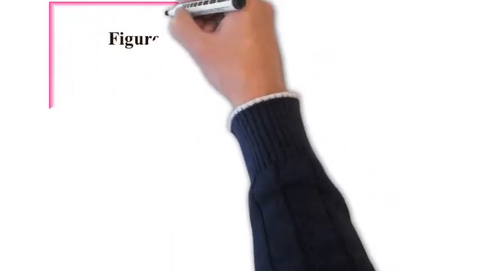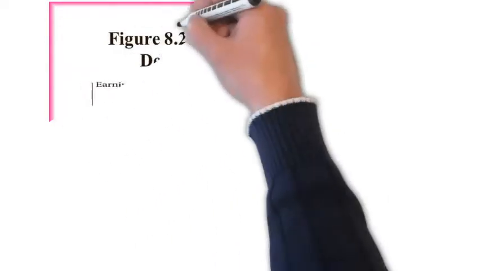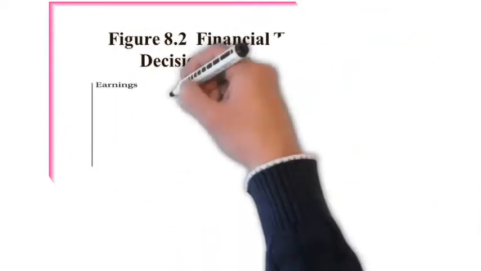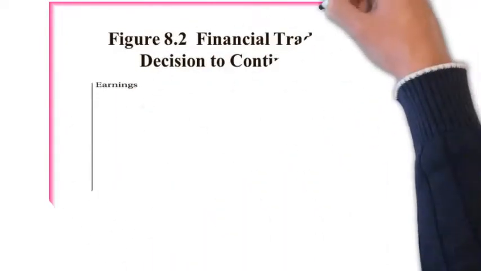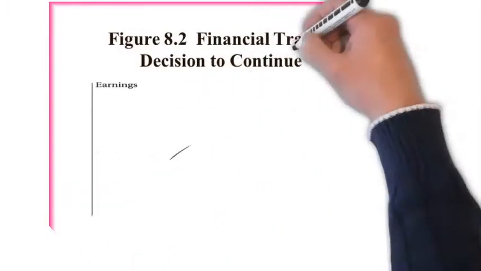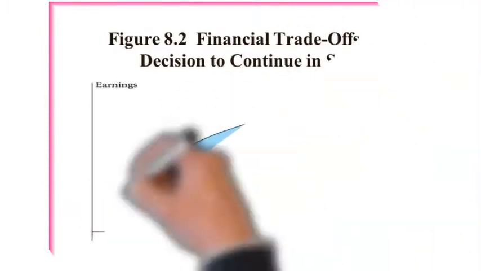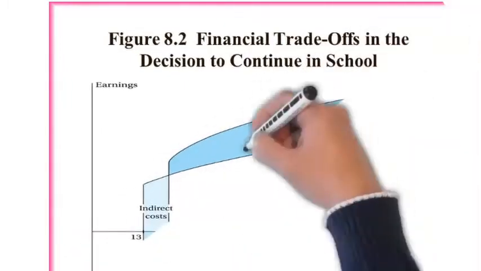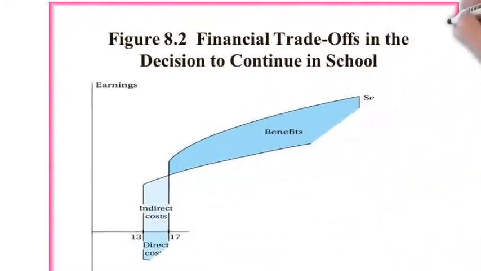This figure provides a typical schematic representation of the trade-offs involved in the decision to continue in school. It is assumed that the individual works from the time he or she finishes school until he or she is unable to work, retires, or dies. This is taken to be age 66. So ito yung typical na retirement age.